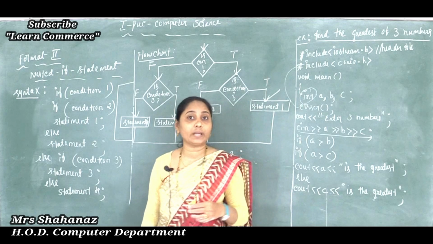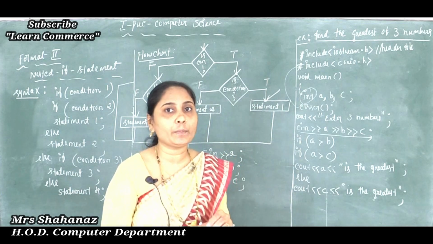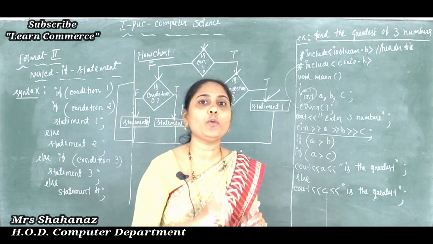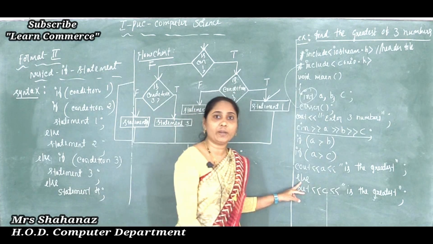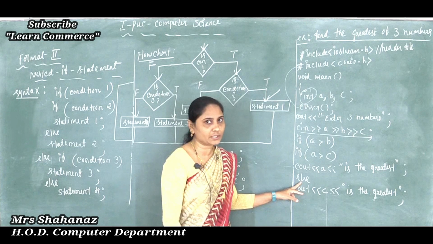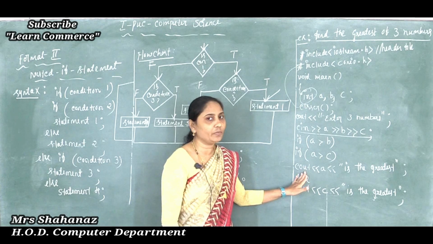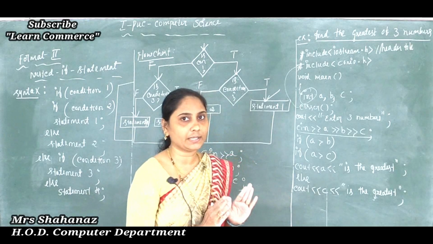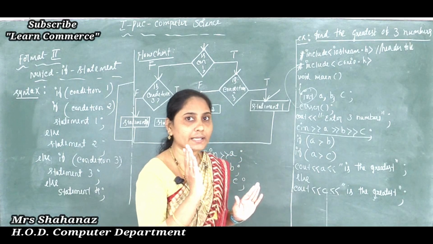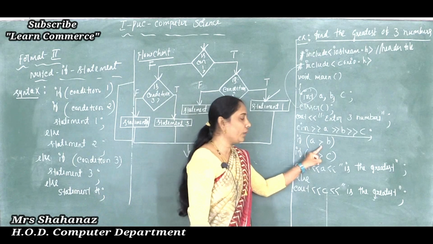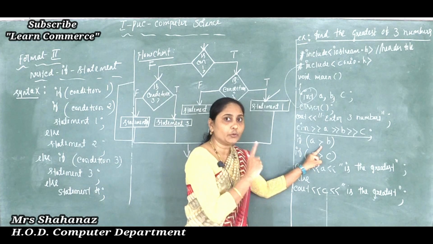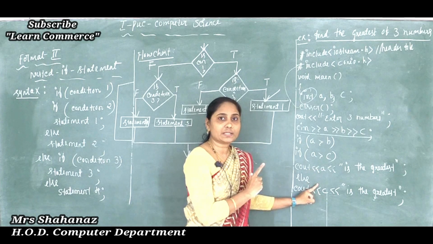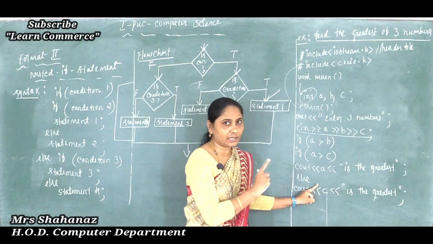When would A be the greatest? When our A value is greater than both B and C, then we could write that statement 1 is going to execute. Clear this point here? But in this example we can say that statement 1 is not going to execute. Did everyone understand? Why is A not the greatest? Because if condition 1 is true and condition 2 is also true, then statement 1 executes.